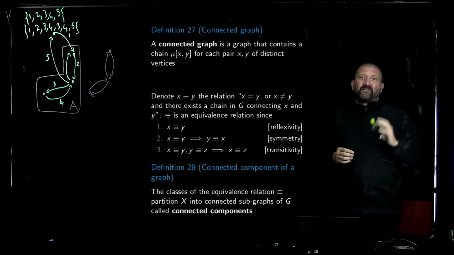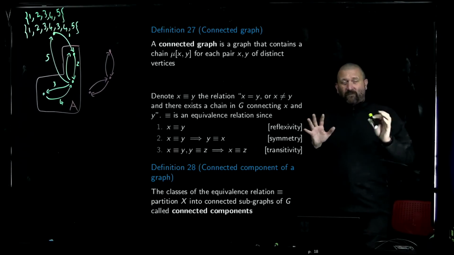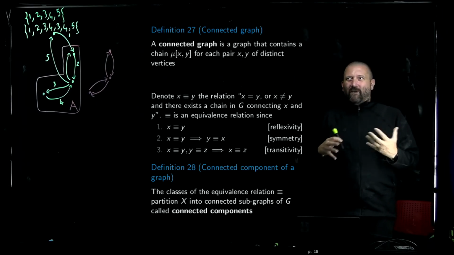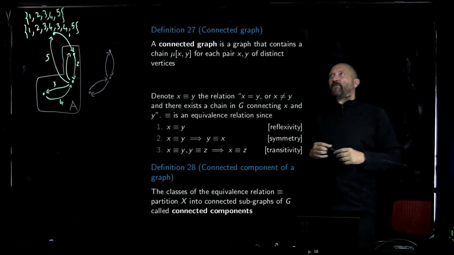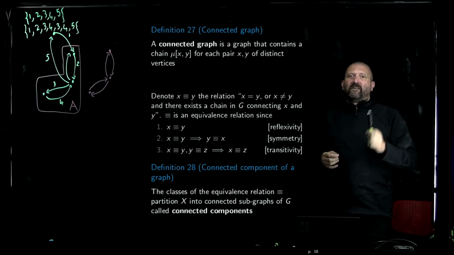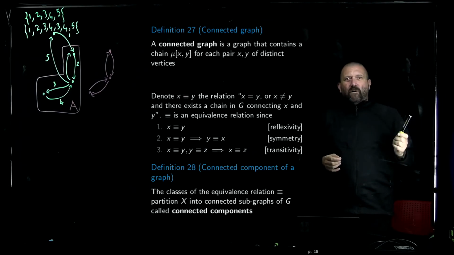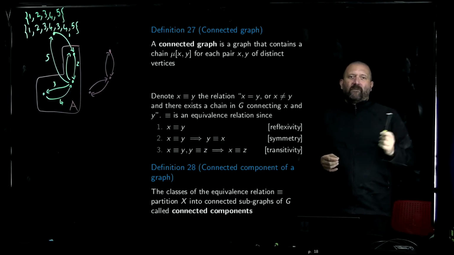A connected graph. This is really, really important, and it's one of the first, more detailed topics that we're going to look at. A connected graph is a graph that contains a chain from X to Y for each pair of distinct vertices.